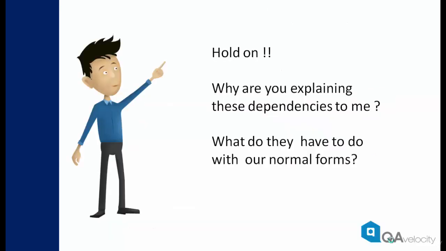Wait a second, why are we talking about these dependencies? What do they have to do with our normal forms? We are talking about these dependencies as they are required to make the table normal. Let's check our rules of second normal form.